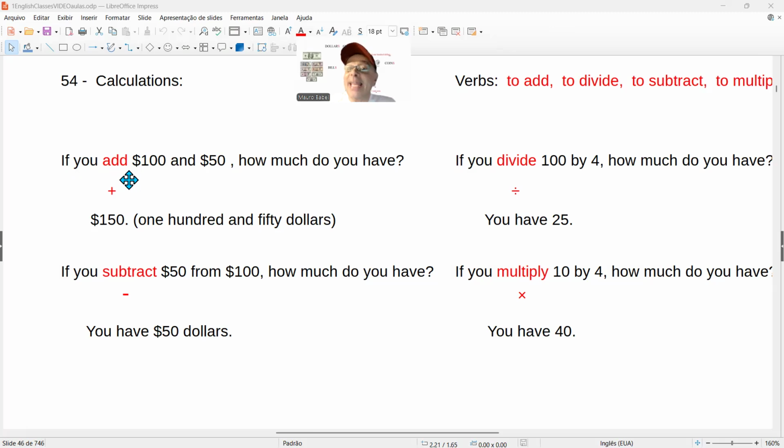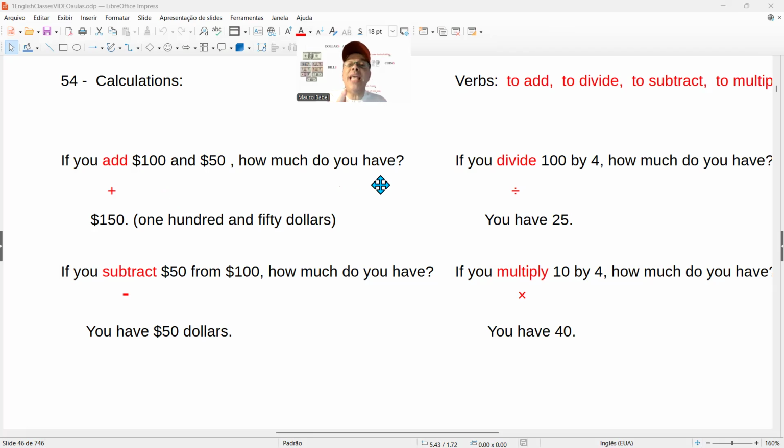If you add $100 and $50, how much do you have? Tá? Repete a frase toda, que essa frase tá boa. Again, if you add $100 and $50, how much do you have?